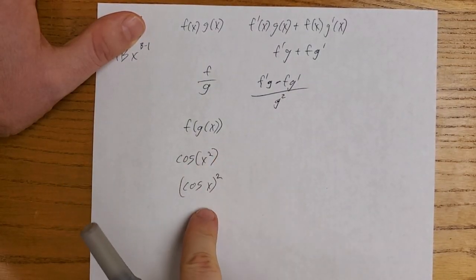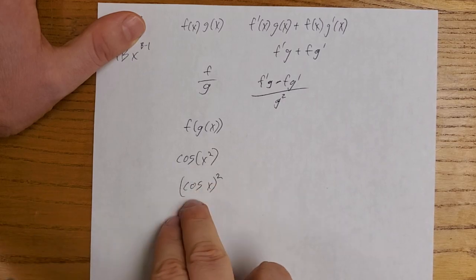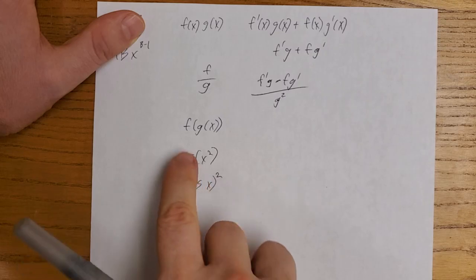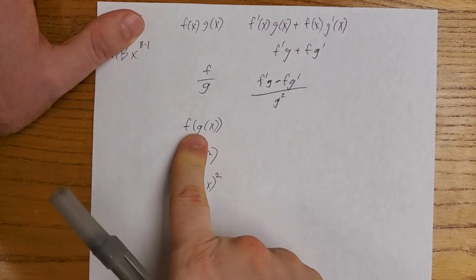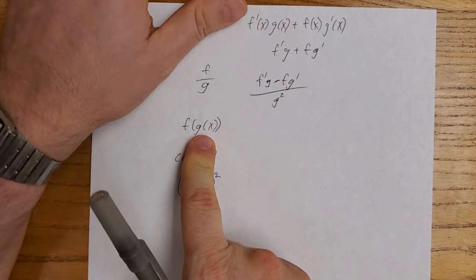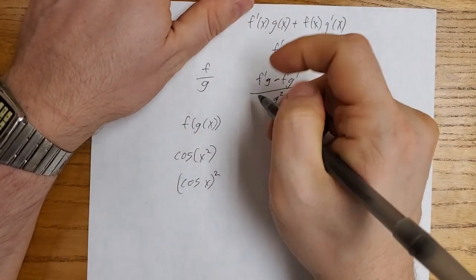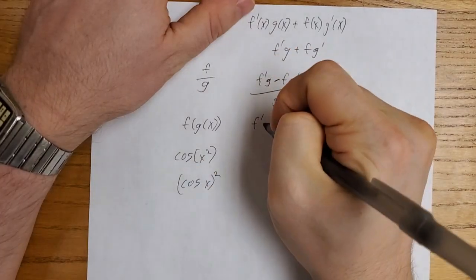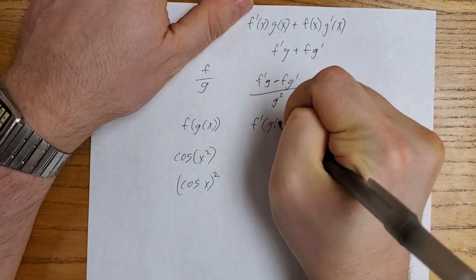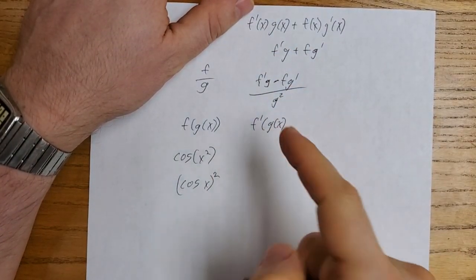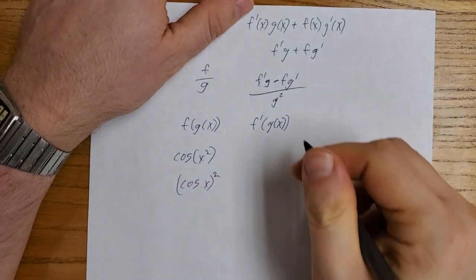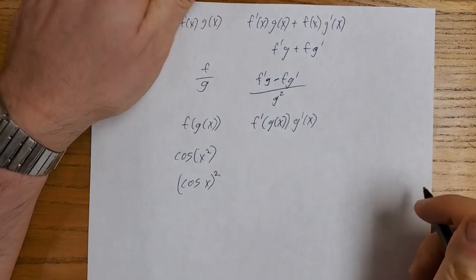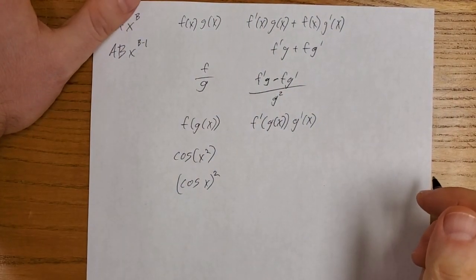And both of those are ugly unless you break it into the parts. You consider the cosine and the x squared separately as an f and a g. And when you have this, it's called the chain rule. And so you take the derivative of the outer part, the f part, with the original inner part still as it is, but then multiplied by the derivative of that inner part.